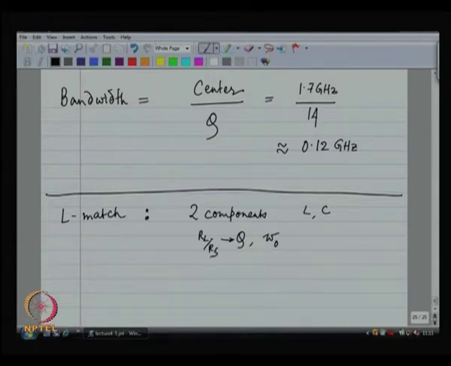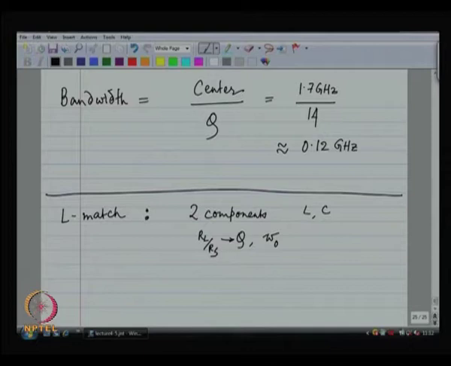Okay. So, once you are given the ratio of the load and the source resistance and you are given the center frequency, you are done. The design is frozen. You cannot do anything to tweak the bandwidth or the Q or anything else. It is all frozen.